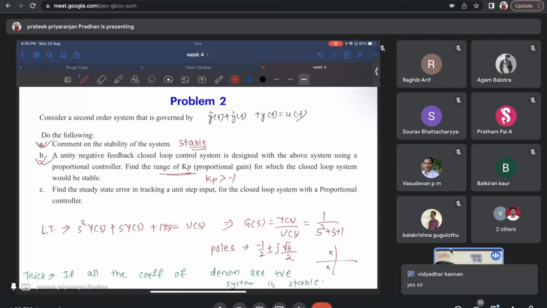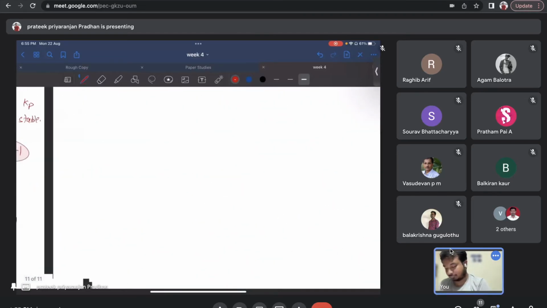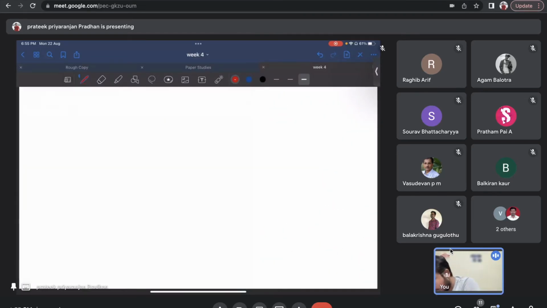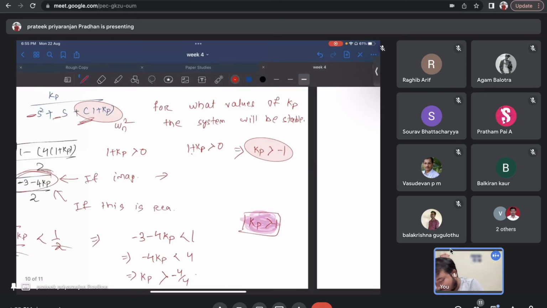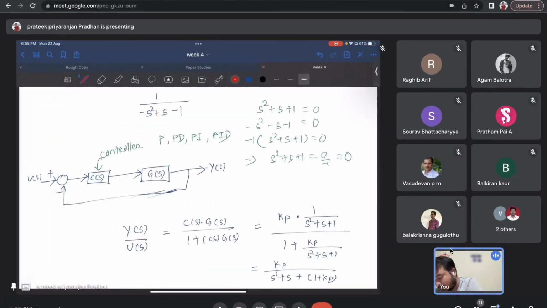Now, what is the steady state error in tracking a unit step input for a closed loop system? The diagram I will just copy, because we will draw another diagram.